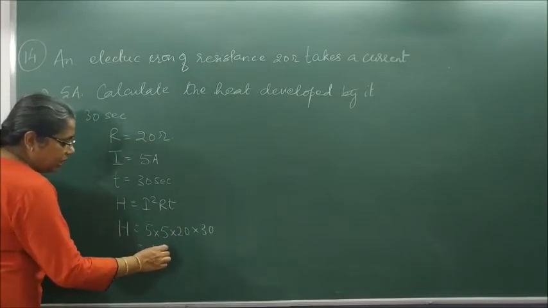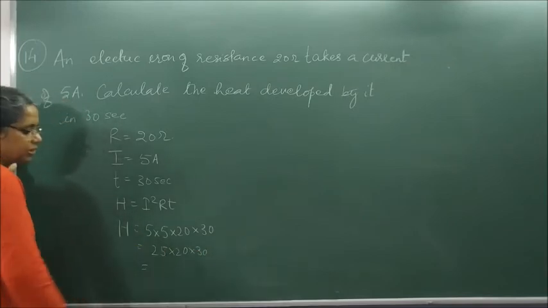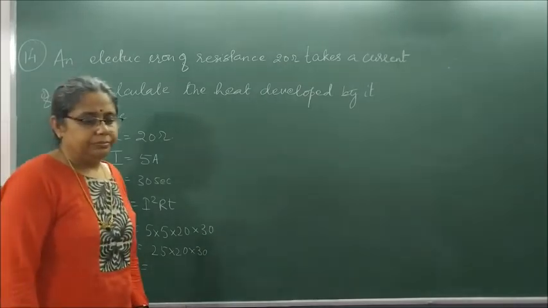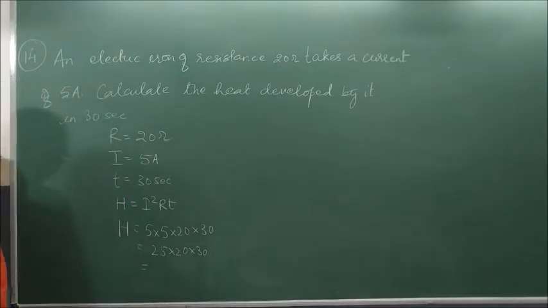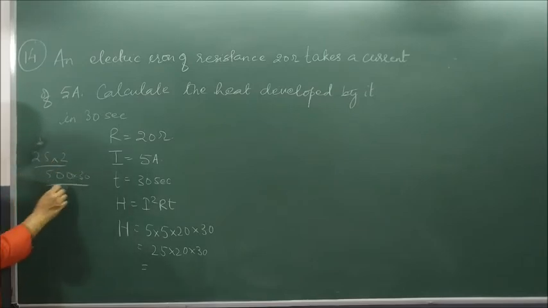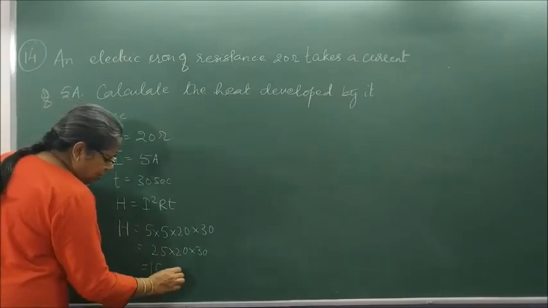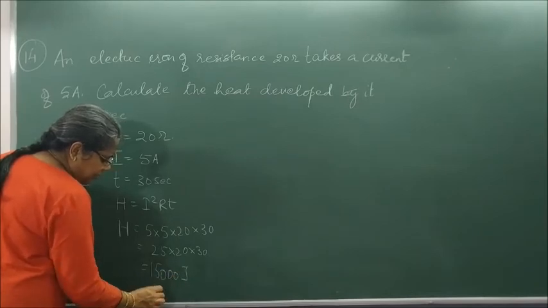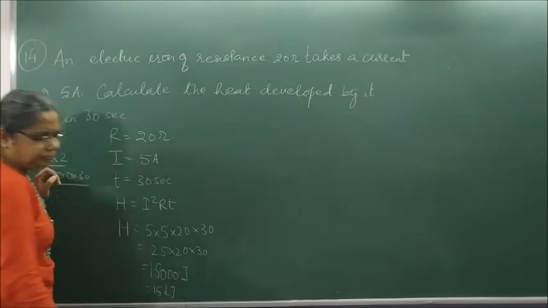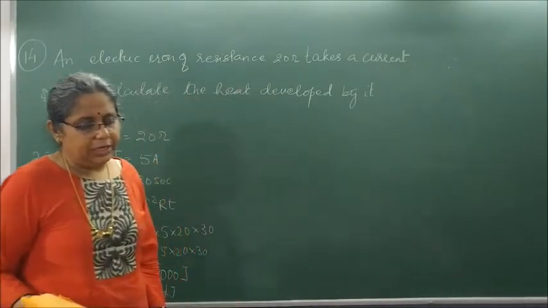So it is 25 into 20 into 30, which is equal to 15,000 joules, or you can write this as 15 kilojoules.